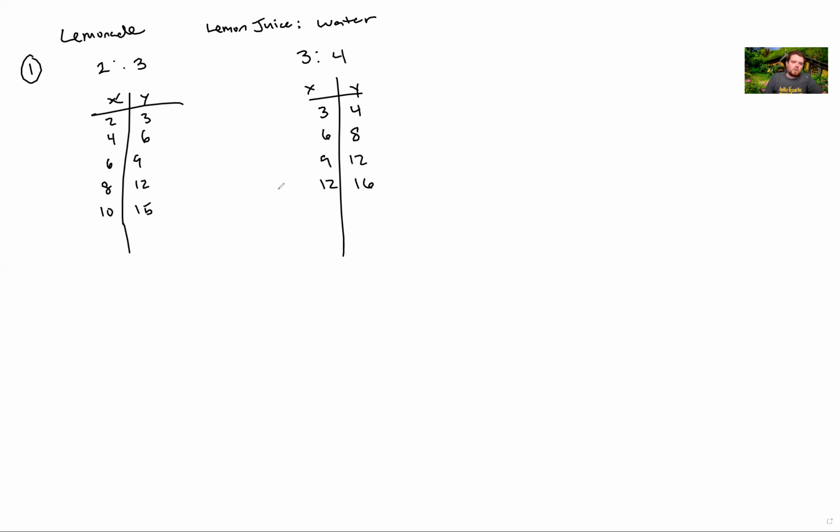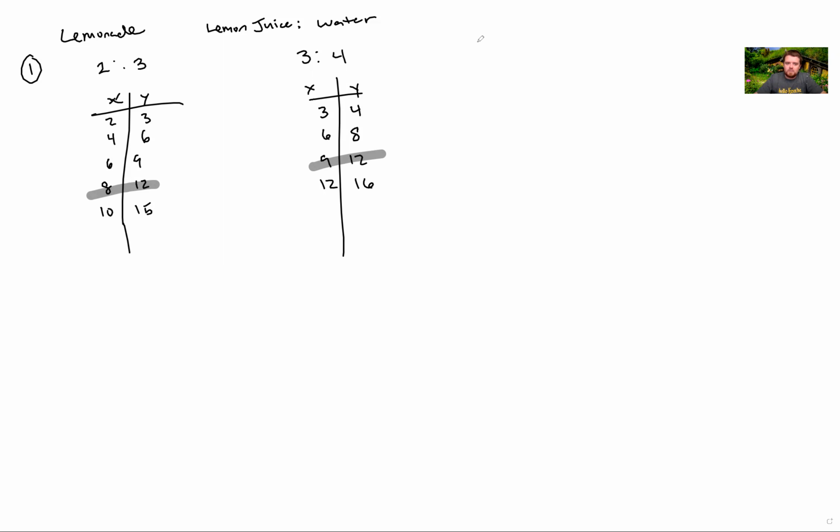Now here, we're already pretty close. But I know that 3 and 4 have a common factor, and you could keep going. Here, if I look at 8 to 12 and 9 to 12, these are both comparing the lemon juice part to the same water part, 12 parts water.